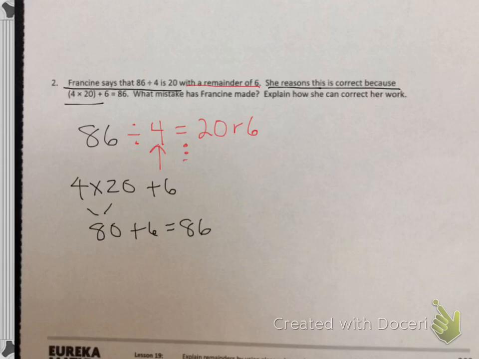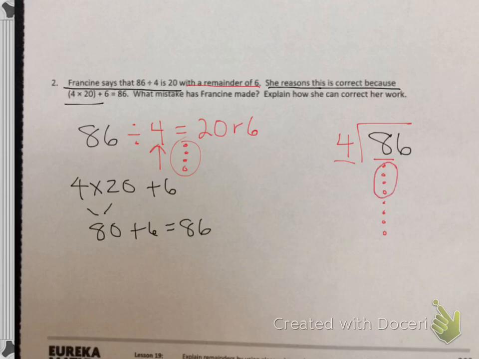So dots, right? 4 dots to make a group. So when we divide this, 86 divided by 4, she has to understand that we are dividing. So when we have 8 dots, right, 1, 2, 3, 4, 5, 6, 7, 8, we need to see how many groups of 4 we will get, right?